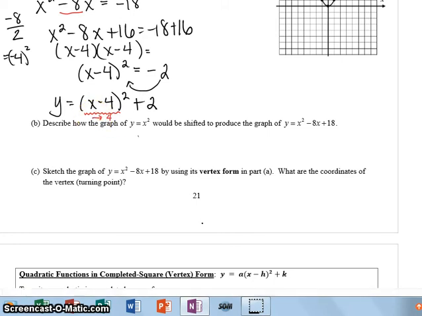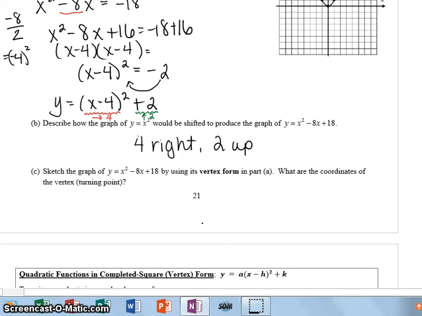And the number on the outside is always your shift of your y, exactly what it is. So y moves up or down. Because it says plus 2, you'd move up 2. So just remember what's in the parentheses is opposite. So that's going to be 4 to the right and 2 up, or up 2, or right 4, up 2.